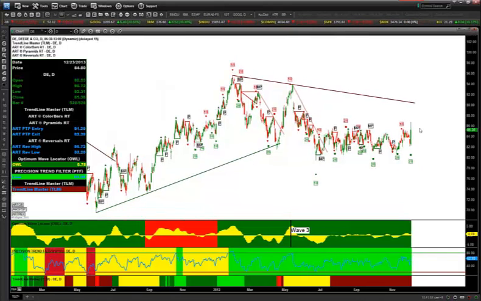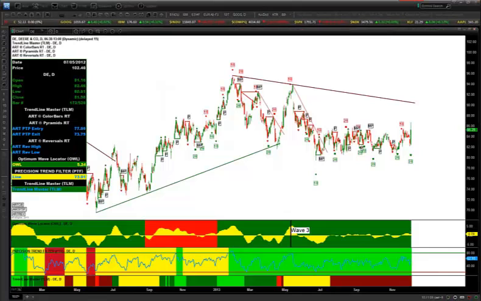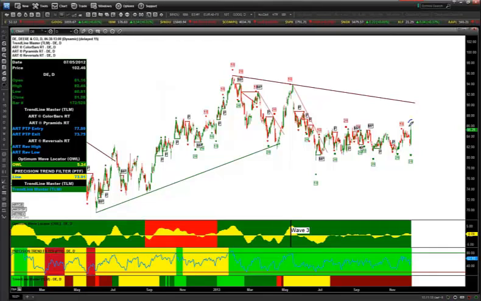If you get an entry in here, we're starting to break certain levels. Let me get my pen again. Notice that this price bar here has taken out some of these key levels, so that's a good sign. I would take the next long trade that you could on this. That's the way I would do that.